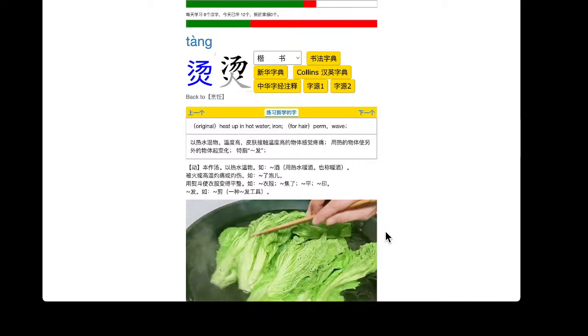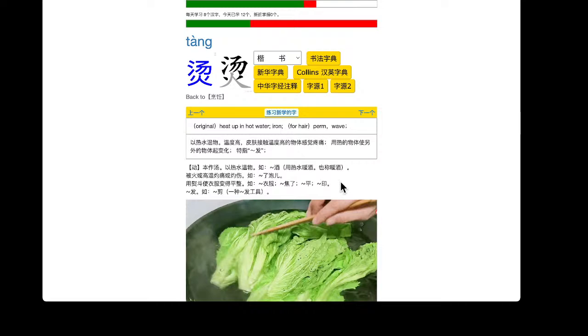So they use that method to heat it up, and then drink. It's not like beer, right? People like to drink it cold. So it's called 烫酒, and also 烫衣服, that means iron your clothes.